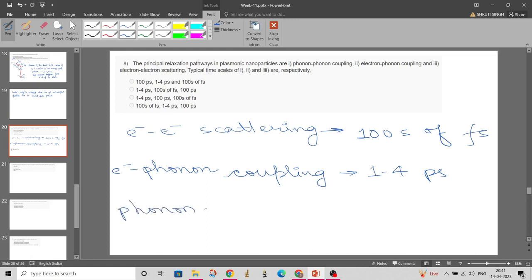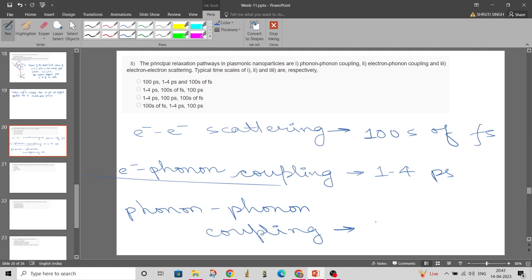And phonon-phonon coupling takes place in 100 picoseconds.